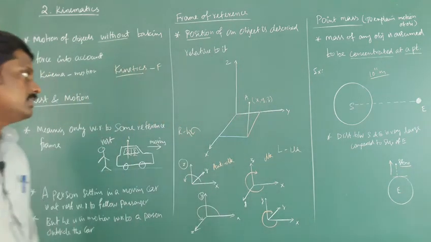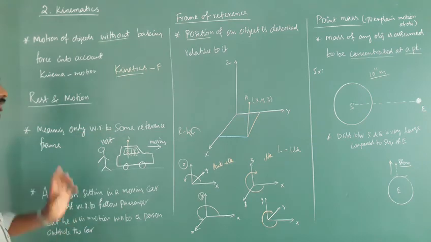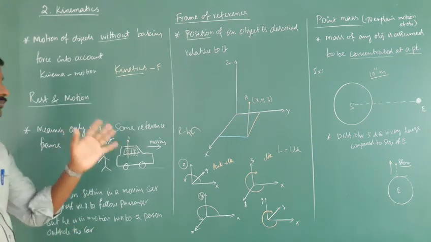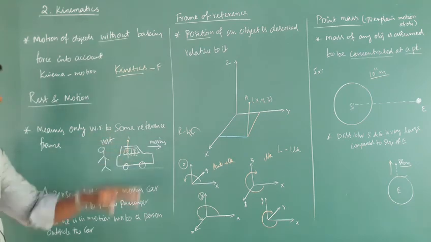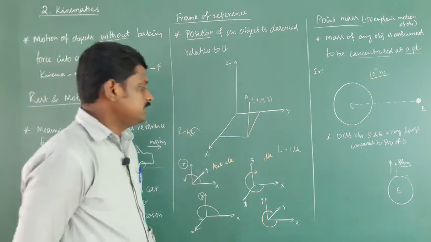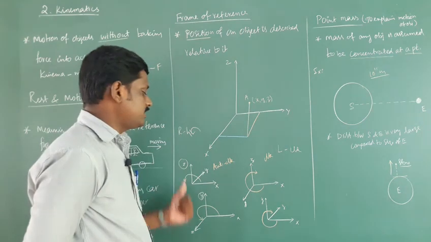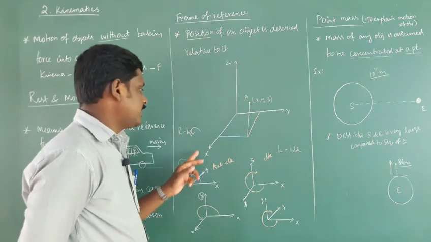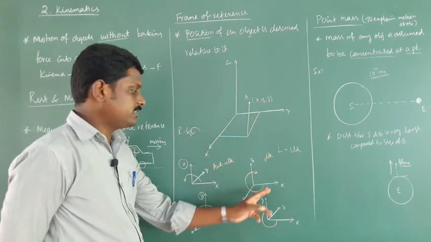In this class we have discussed what kinematics is. Without considering force is kinematics, considering force is kinetics. Then rest and motion, both are with respect to some frame of reference. Then frame of reference, that is x, y and z, the right-handed and left-handed coordinate systems, and which axis acts upward. Right-handed means anti-clockwise, here z is up, and left-handed means clockwise.